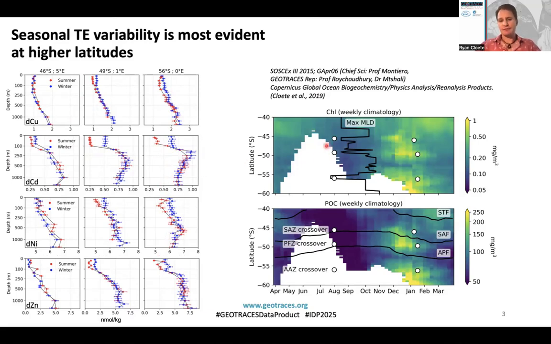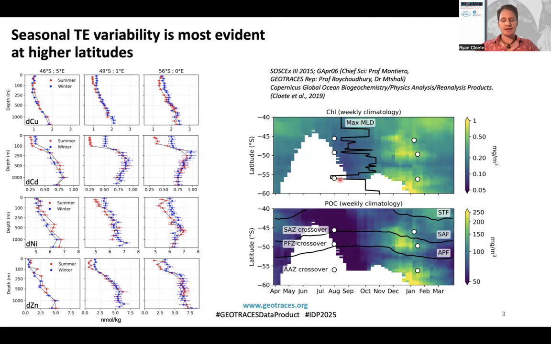Moving on to these right panels, these are Hovmöller plots. The top panel is weekly chlorophyll climatology, and the bottom is particulate organic carbon. And on the top, I've shown by this black line where in the year the maximum mixed layer depth is reached.